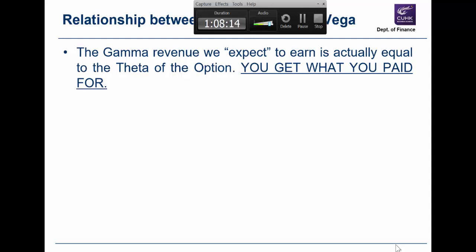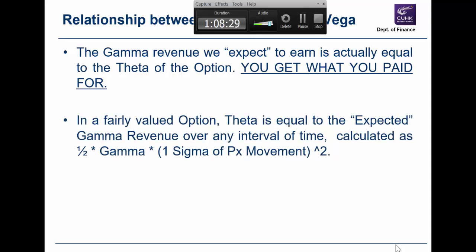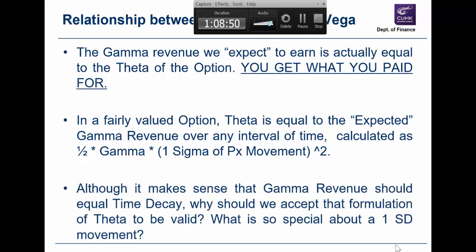The gamma revenue that we expect to earn is actually equal to the theta of the option when interest rates are zero. Okay, you get what you paid for, in other words. And if an option is valued fairly, which is to say the expected gamma revenue really is what you get over time, then the gamma revenue would be half times gamma times what I call 1 sigma of price movement. Now, what is 1 sigma of price movement?